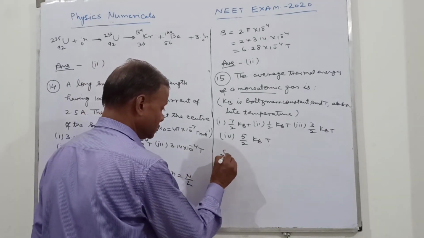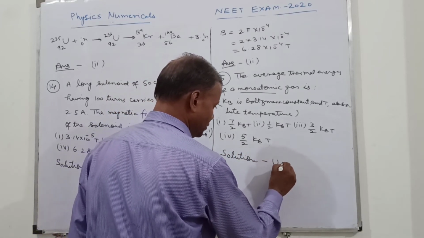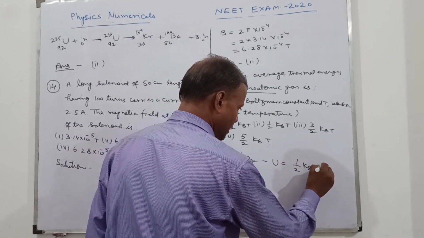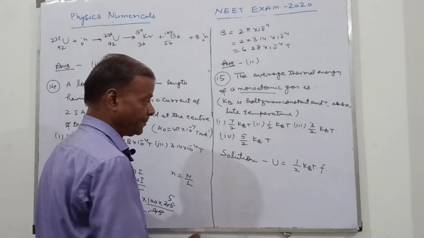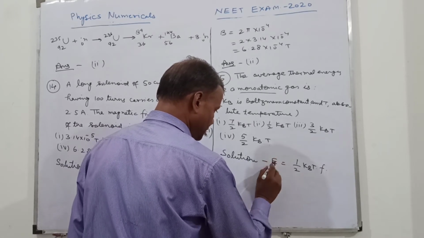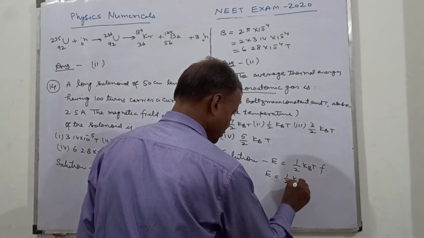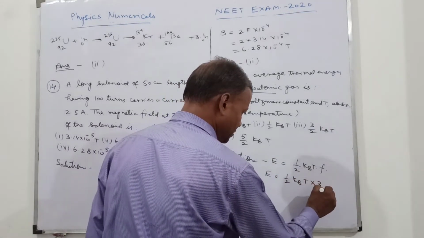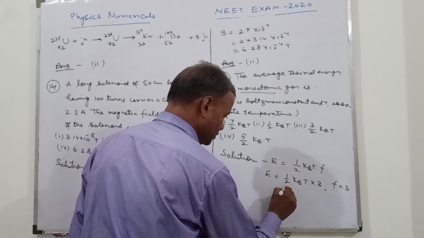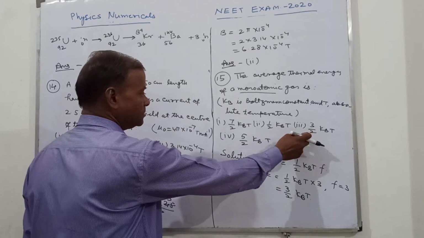So the solution: this U is equal to 1/2 k_B T into f, f the degree of freedom. So for monatomic, this energy E is equal to 1/2 k_B T into 3. Here this f is equal to 3. So this is now your 3/2 k_B T. So much. So right answer is third.